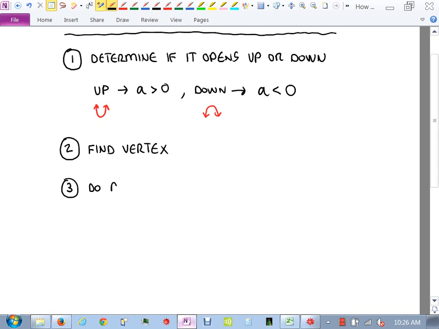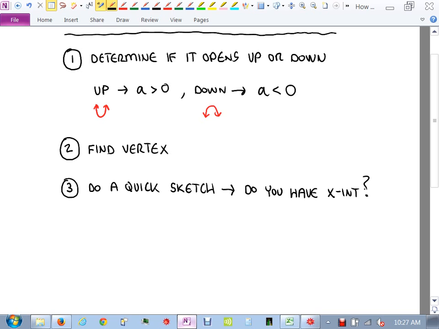The third step, do a quick sketch. A quick sketch just means just draw real quick what we have. Okay, what does your parabola look like? Just really fast. And from that sketch, ask yourself this question. Do I have x-intercepts or not?